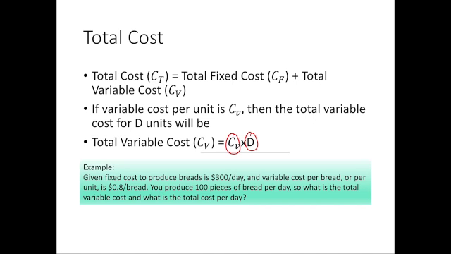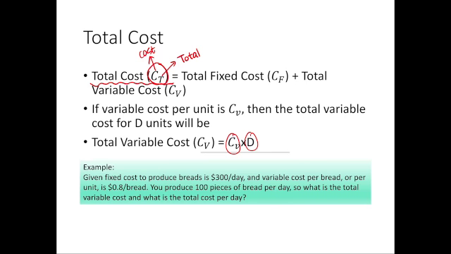Okay, so the first function we're going to learn is the total cost function. Total cost, we write it as C capital T. C is cost, and the capital T is total. So that's the way we write total cost. You don't have to write the two words.